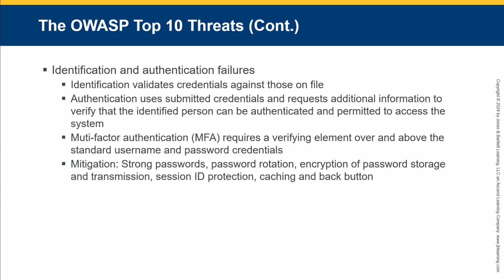The interesting part here is those that have been authenticated can be permitted to access the system or file or whatever items that they're trying to access they have permissions for or authorization for. But then we can start adding in additional layers like multi-factor authentication. This requires a verifying element over and above the standard something, username, password.